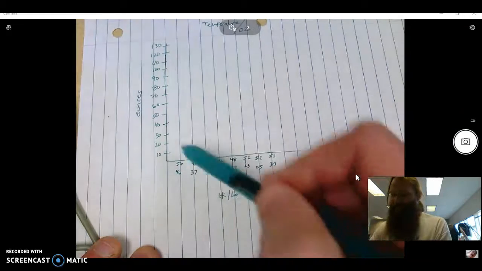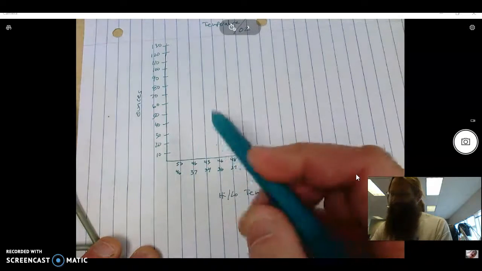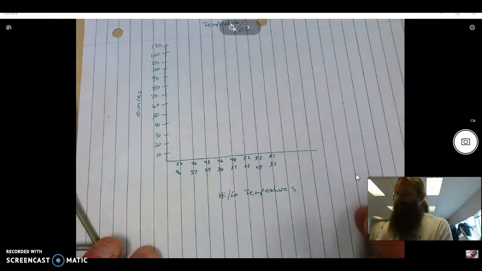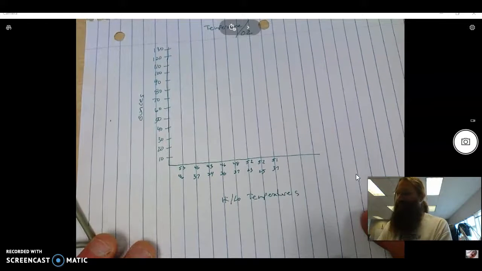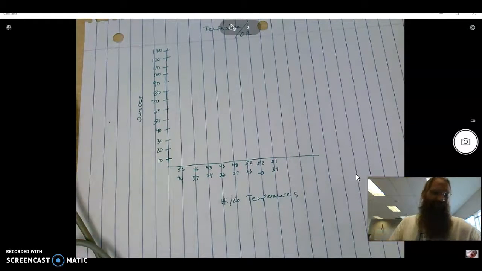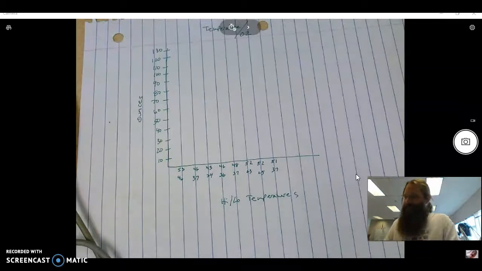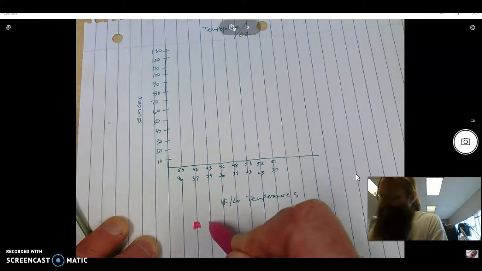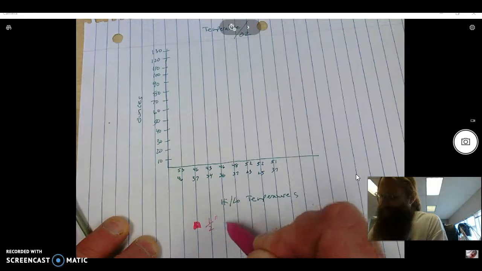If we had a line graph or a bar graph, if we had graph paper, we'd have these on grids, but I'm sure you might not have graph paper at home, so we can just use line paper for now. Okay, so let's use a color. We're going to make a key down here, and we're going to use this pink color, and I'm going to make a box, and we're going to call this the 1/2 inch spile.